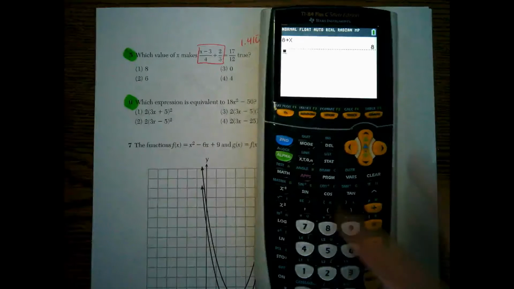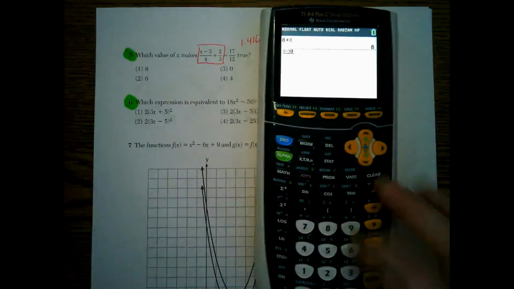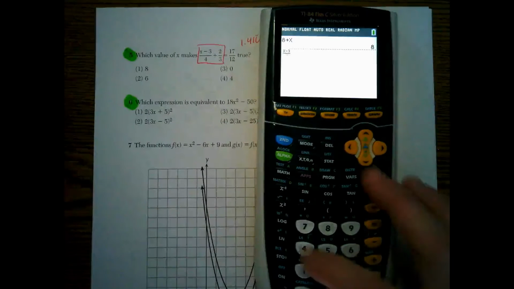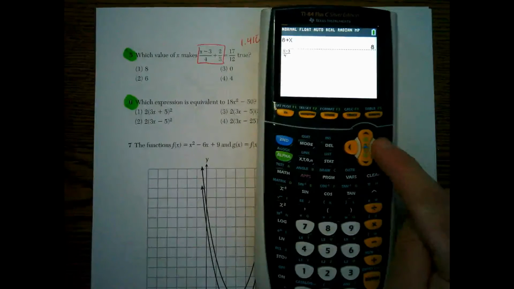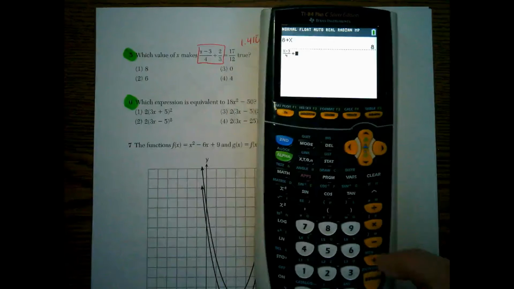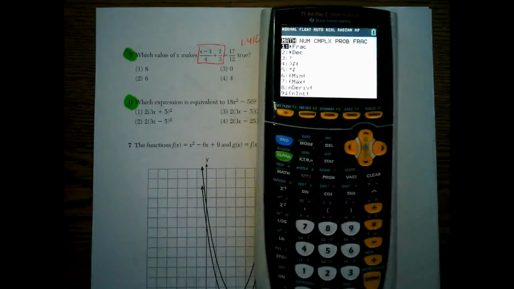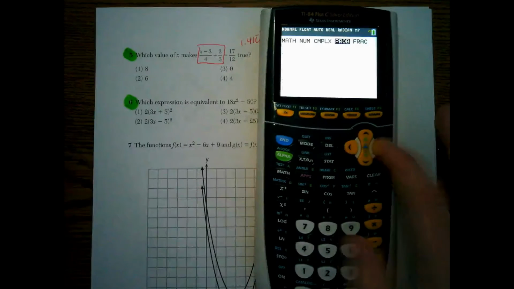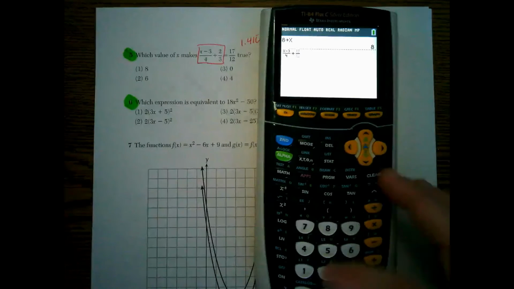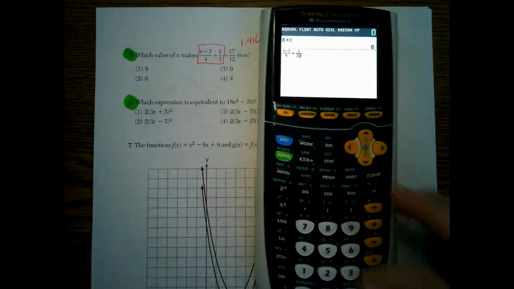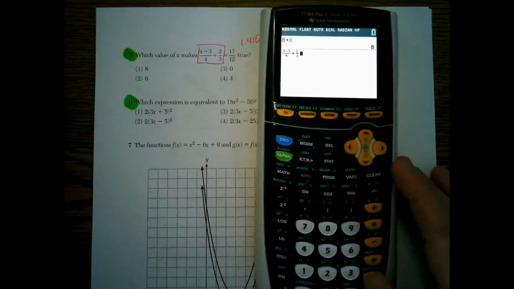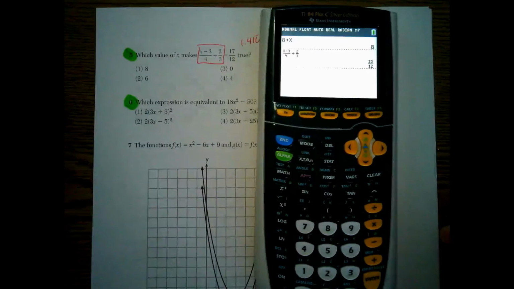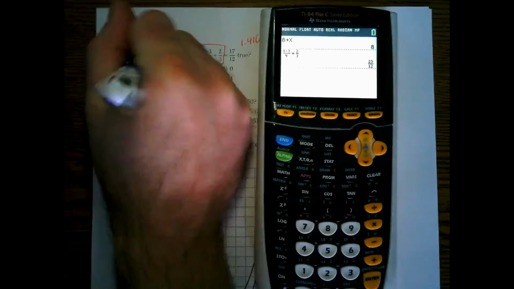All right, I'm going to do x minus 3 down 4 over plus math, let's go the other way this time, fraction 2 thirds. Now does that give us 17 twelfths or 1.416 repeating? No.